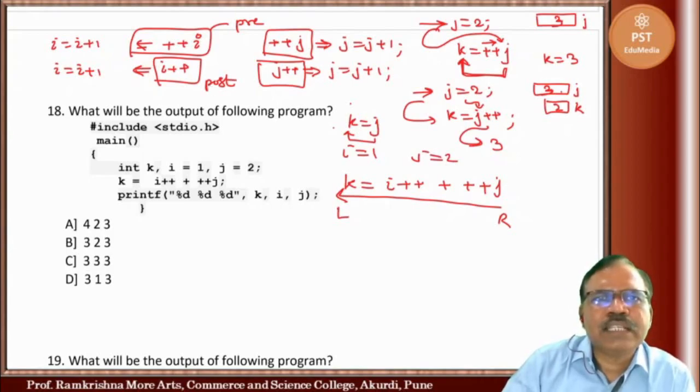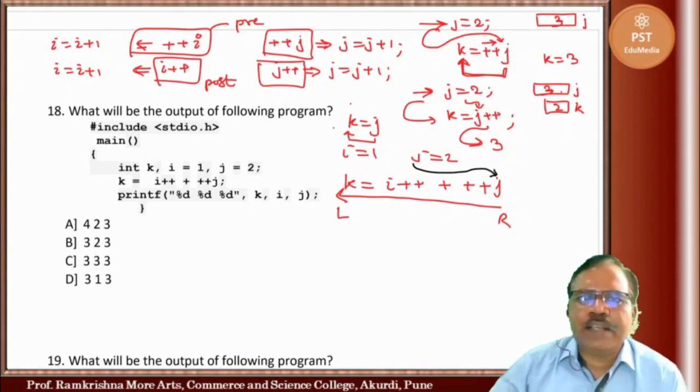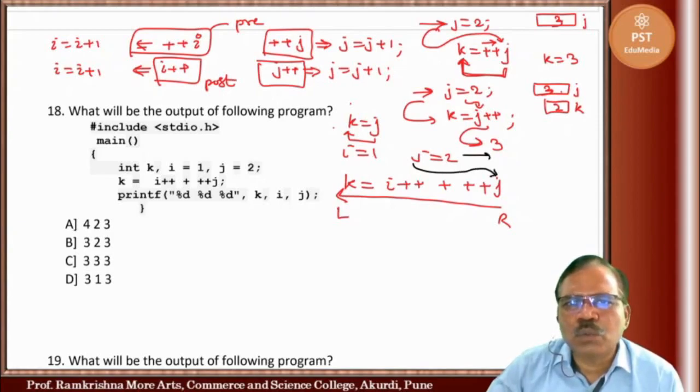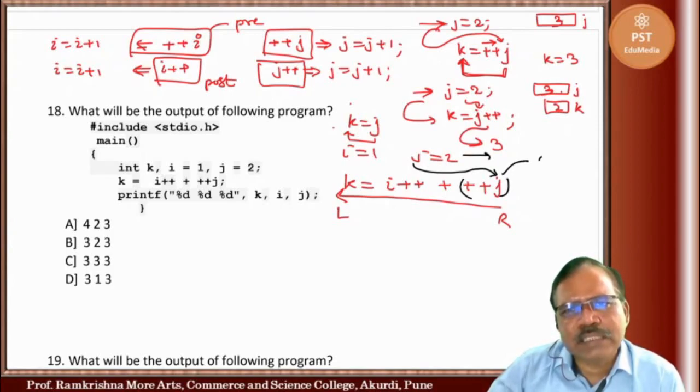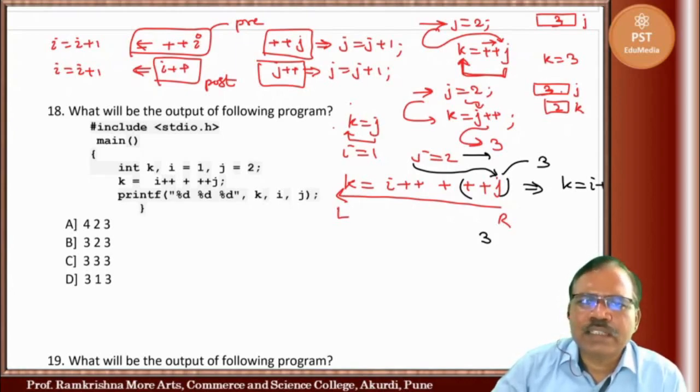So when control comes here, j is already 2, but here it has an attribute. So j is first increased to 3. The expression is actually k is equal to i plus j, so here j is 3.